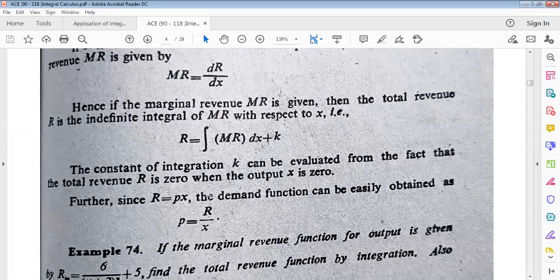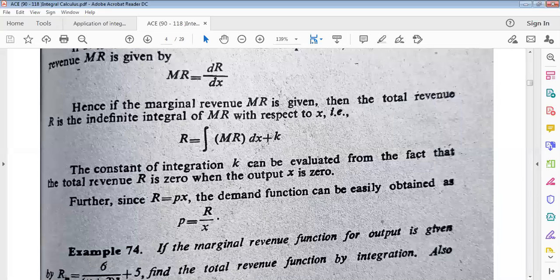Understand? The constant of integration K can be evaluated from the fact that the total revenue R is 0 when the output X is 0. If there is no output, then the total revenue of course will be 0.